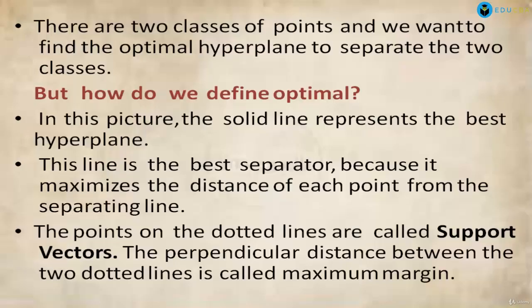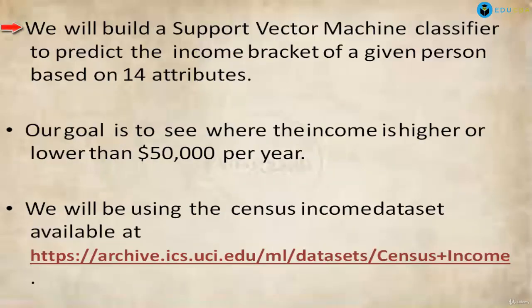Okay, now we will build an SVM classifier to predict the income bracket of a given person based on 14 attributes. Now we are taking an example and we are creating a Python program for that. Our goal is to see whether the income is higher or lower than $50,000 per year.